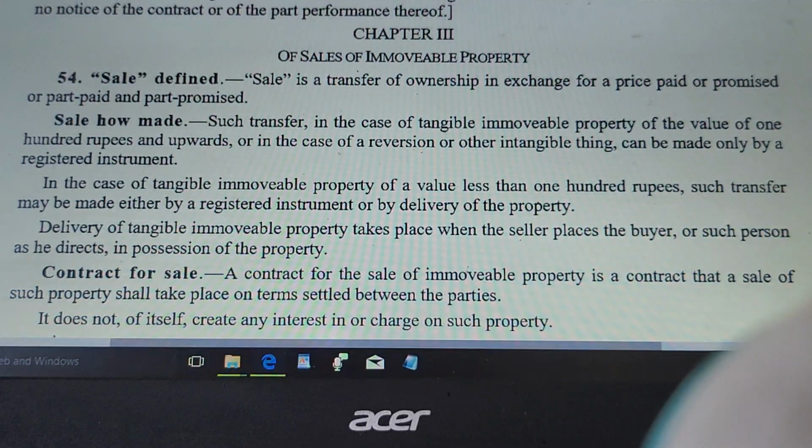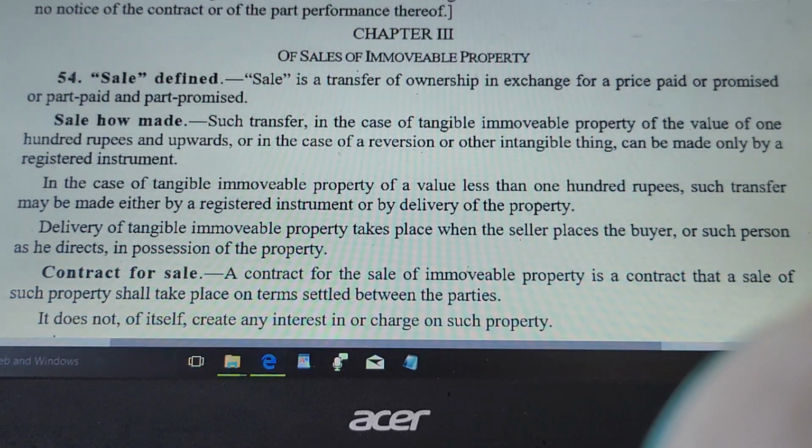Sale. How made. Such transfer, in the case of tangible immovable property of the value of 100 rupees and upwards, or in the case of a reversion or other intangible things, can be made only by a registered instrument.